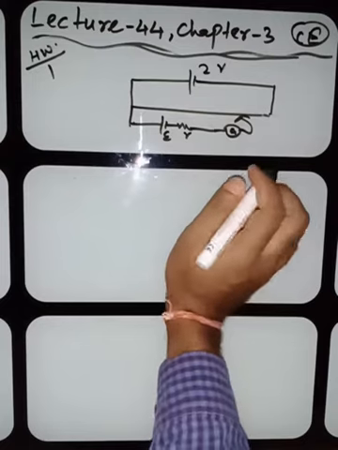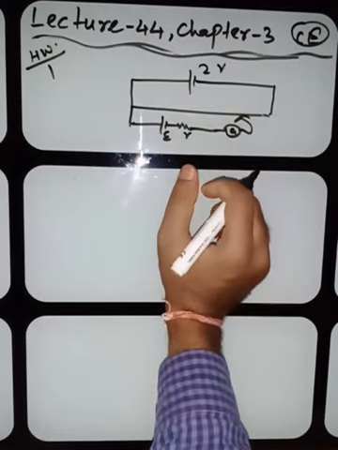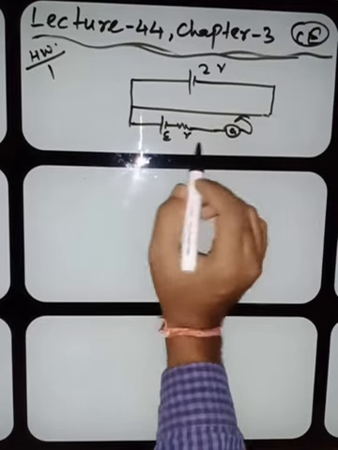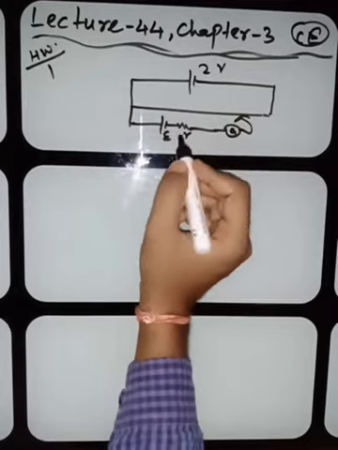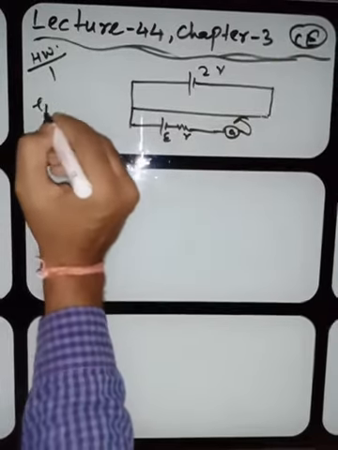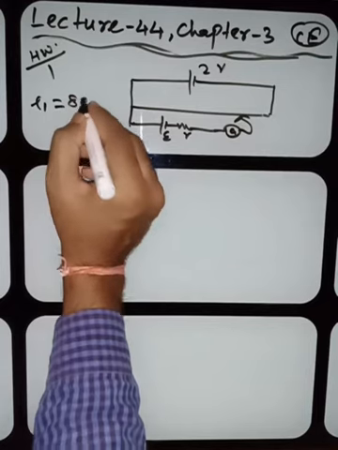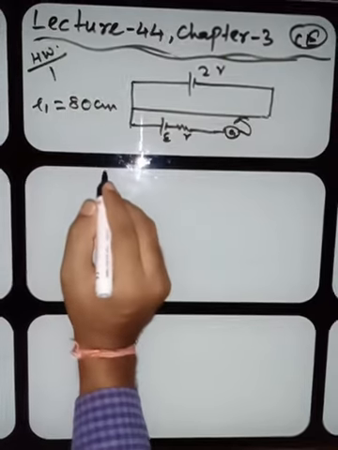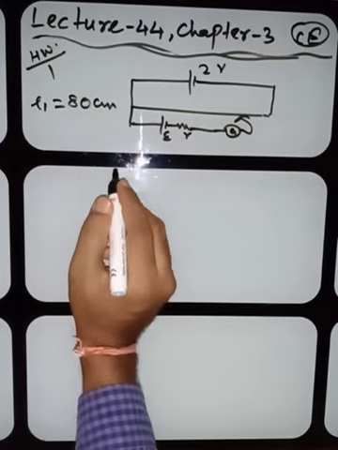When this circuit is connected with this cell, the balance length is, suppose it is 80 centimeter. All right, it is 80 centimeter.